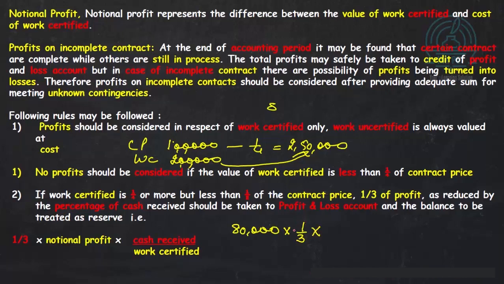So let's say the percentage of cash received is 80%. We have received only 80% cash. So 80% means 80% of work certified. So multiply by 80%. The amount which we get will be transferred to P&L account. So this comes out to be 80,000 divided by 3 into 80%.